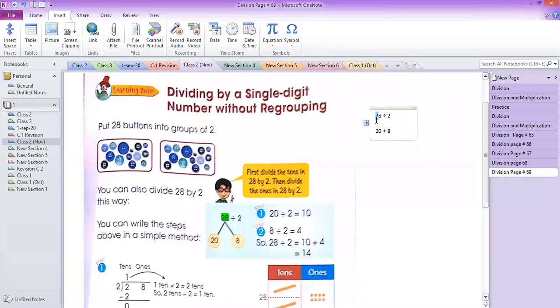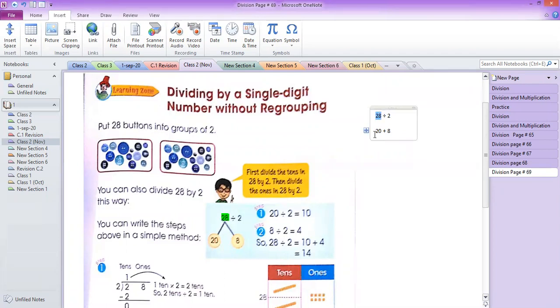In the previous exercises, we learned how to write expanded form from standard form and standard form from expanded form. So I want you to expand this 28. In 28, 2 has the value of 20 and 8 has the value of 8. So I write 20 plus 8.